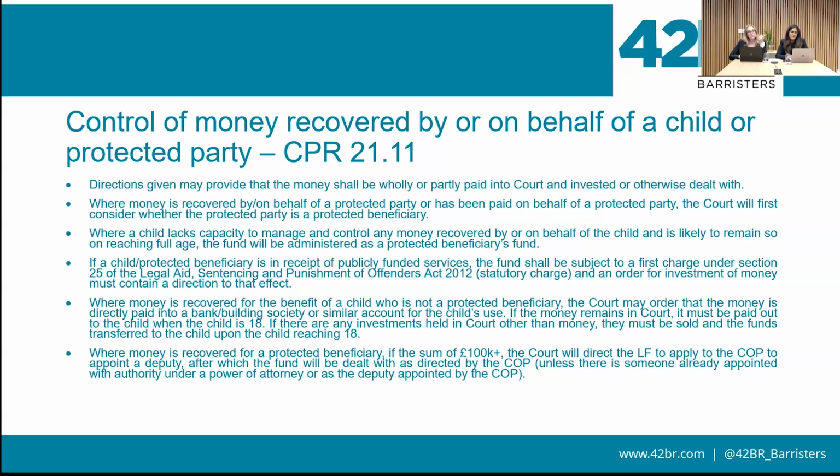Either it goes into the special account, which is a highly protected government bank account, effectively, where it earns a really meagre rate of interest, but at least it's very safe and it stays there until they're 18.